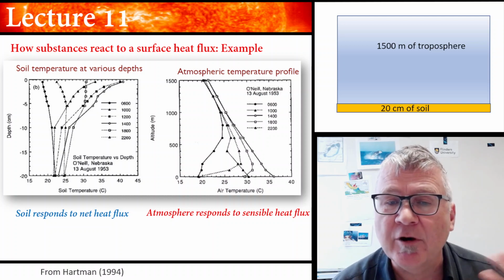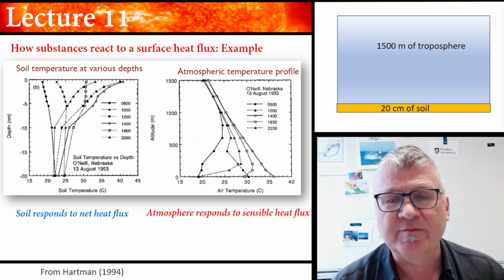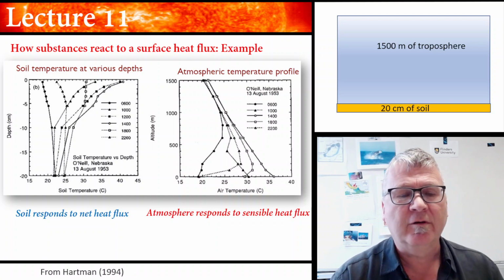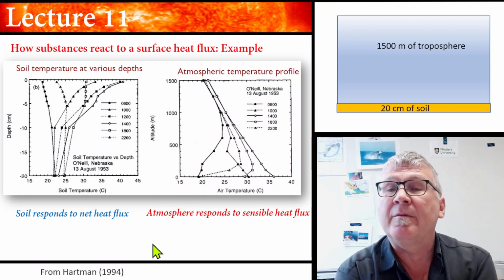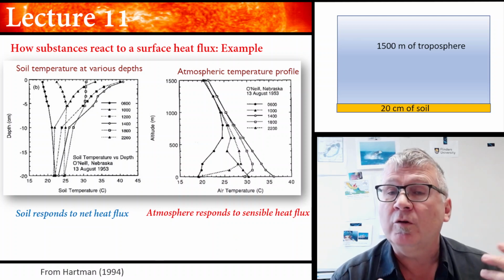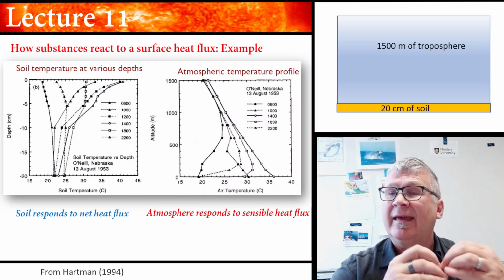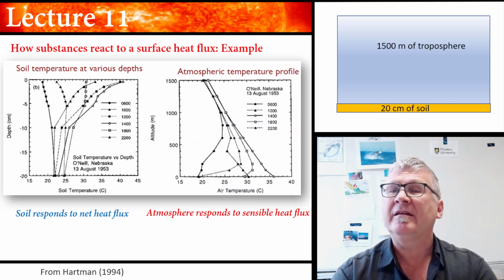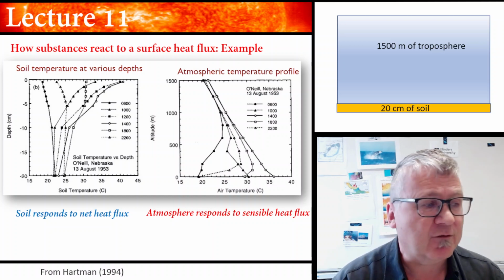And this is in Nebraska, some long time ago, but it doesn't matter what time it was. What you learn is that the soil heats up first before heating up the atmosphere through the sensible heat flux.